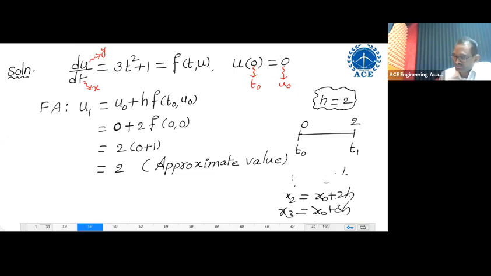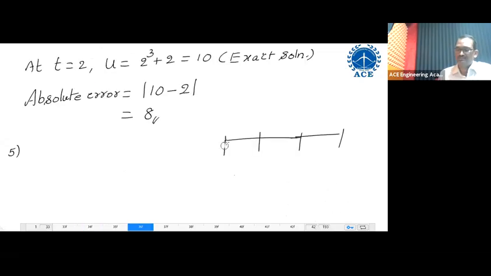This is the way. By using this directly, we will get x0, x1, x2, x3, everything. No need to remember anything by using h value. Note this and try yourself.